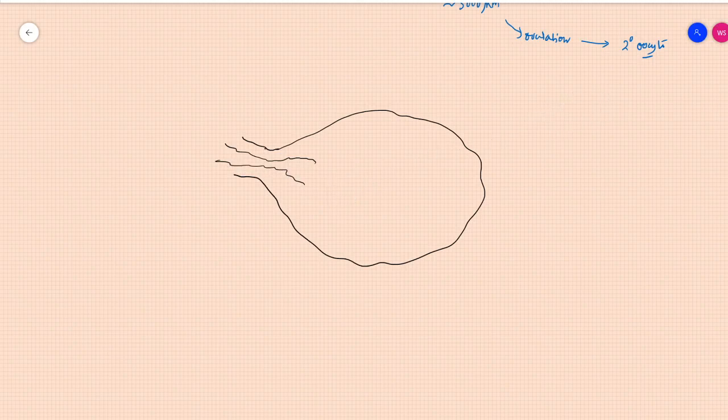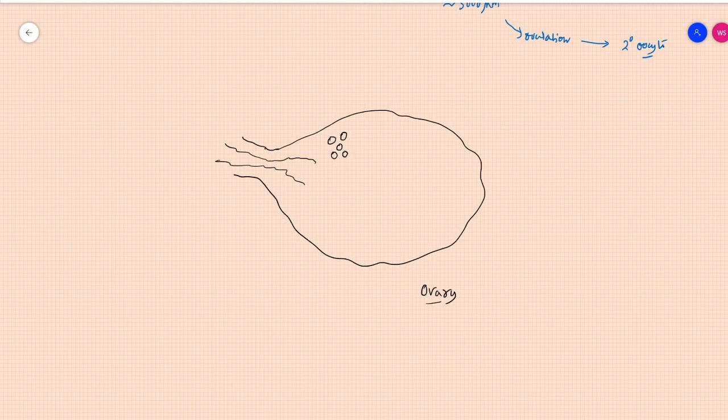And let's draw what is typically found in follicles. So we'll have in the ovary. Okay, so this is a diagrammatic representation of the ovary. And what we would see is lots of cells like this.